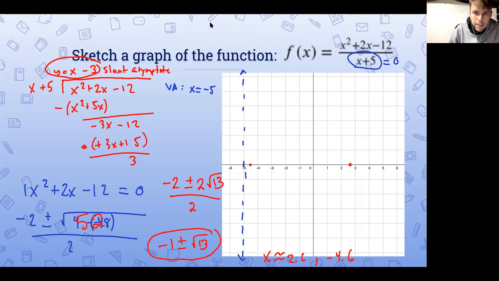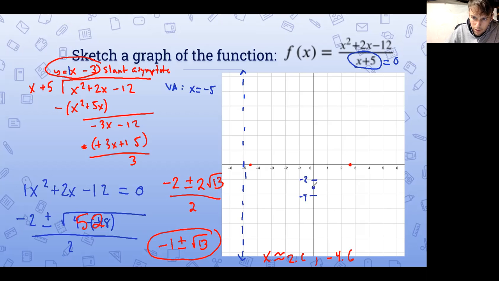All right, then we have our slanted asymptote to sketch in. This is just not going to be great because of all the stuff we have here, but slanted asymptote is x minus 3. Remember, 1 is the slope. Let's say this is counting by 2. So -2, -4.